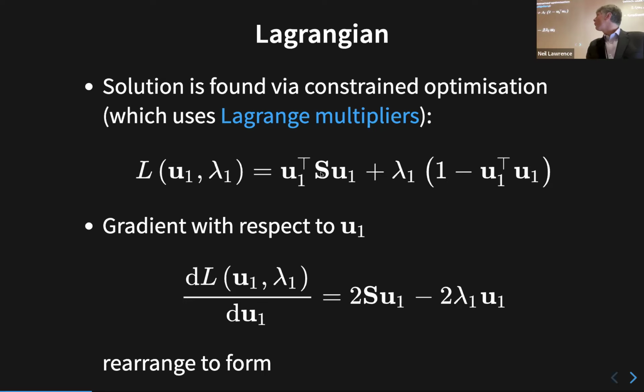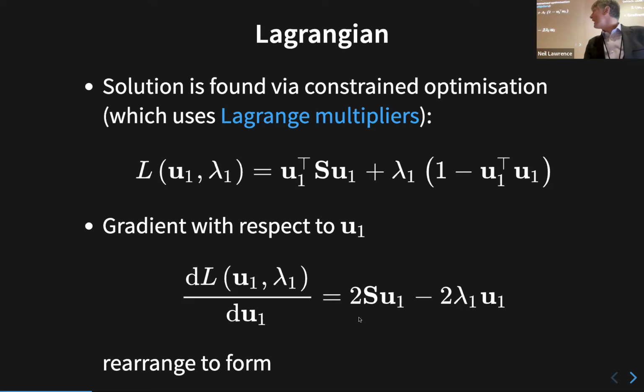But you want to maximize it with a constraint. Obviously, if you don't have a constraint on the length of u, you could just maximize the length of u, and then everything would scale up, right? So you put a Lagrange multiplier constraint that says the length of u is 1. So it's a normal vector, right?